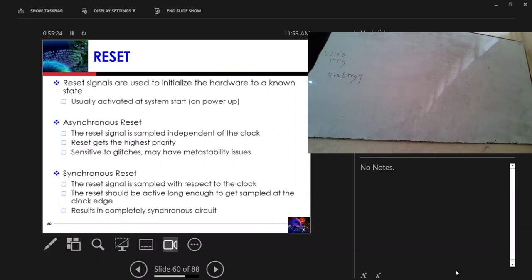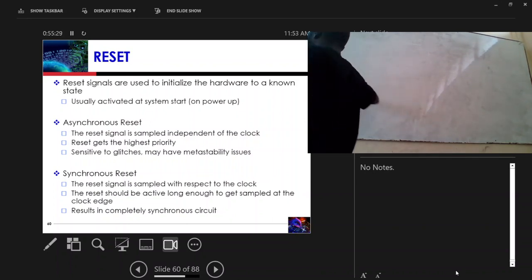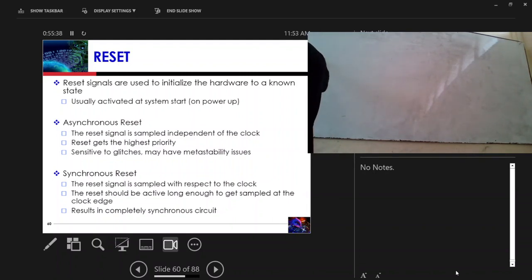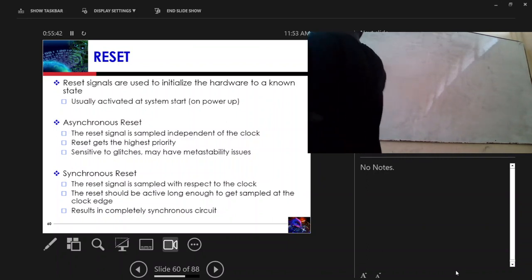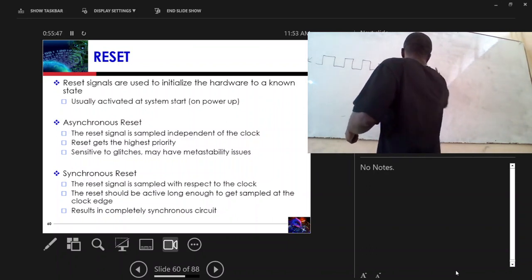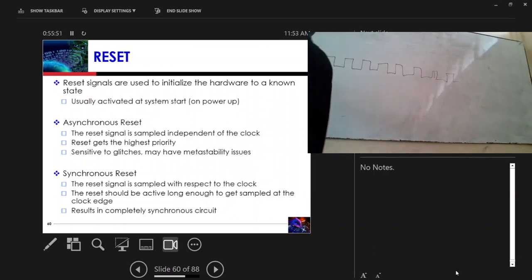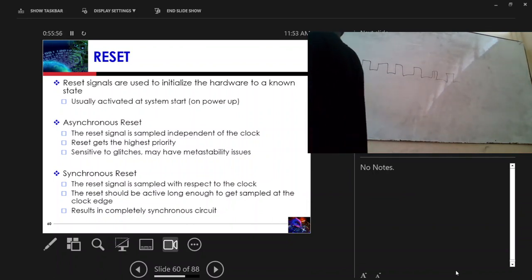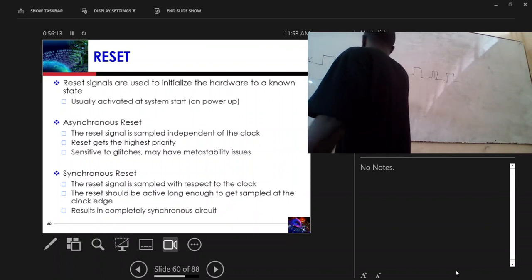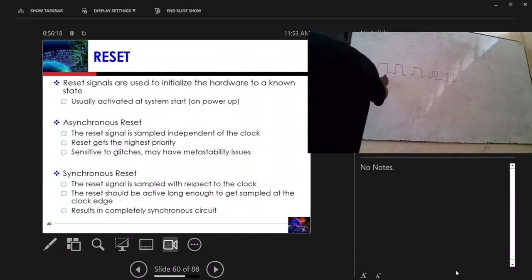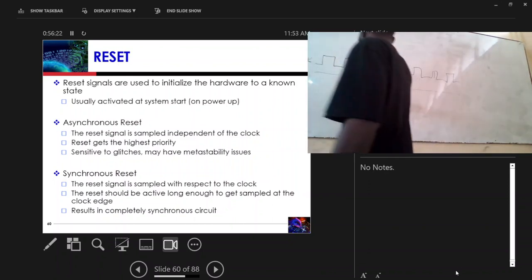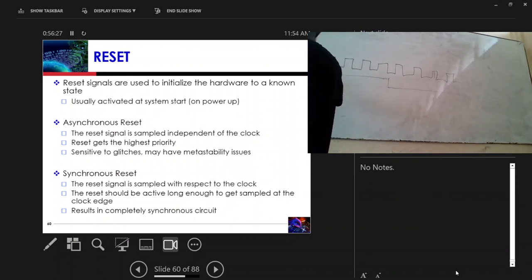And so, in case I have something like this, the reset is always one bit. So we always have a clock, and we always have a reset, right?